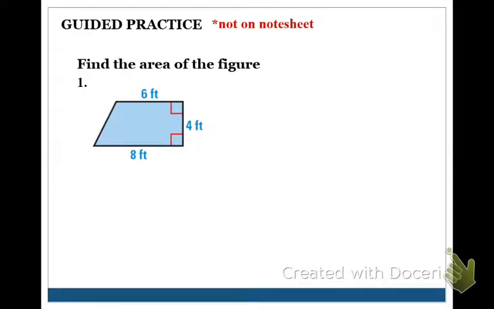Go ahead, find the, okay, this is not on the notes. Okay? So let's work through this together. What formula do I use to find the area of a trapezoid? What's that formula? Gage? That's 6 times 8.